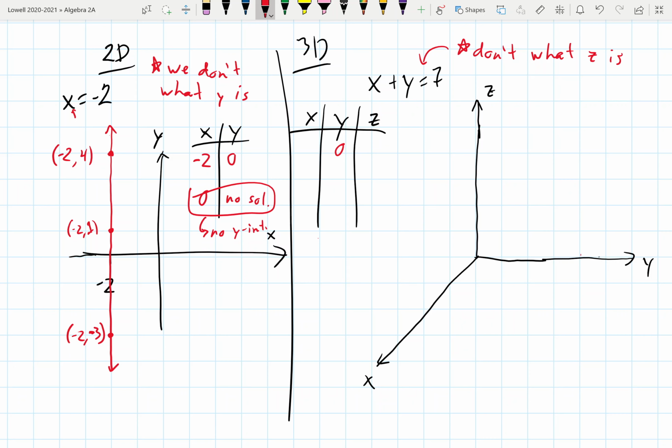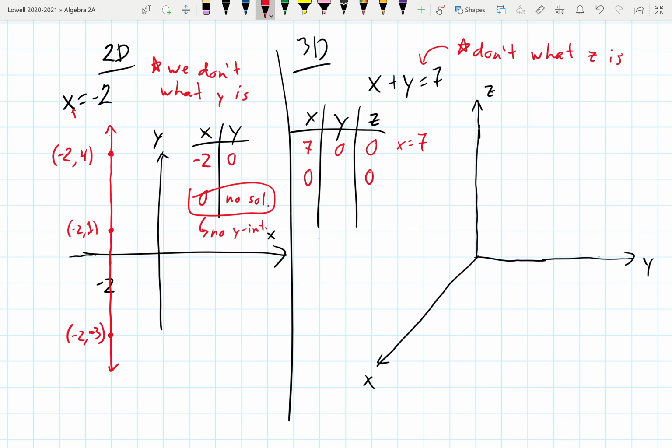And so I could plug in 0 for y and z to still get my x-intercept. When I plug in 0 for y, I'll get x equals 7. And then again, z being 0 doesn't really matter because it doesn't show up. And we'll get an x-intercept of 7.